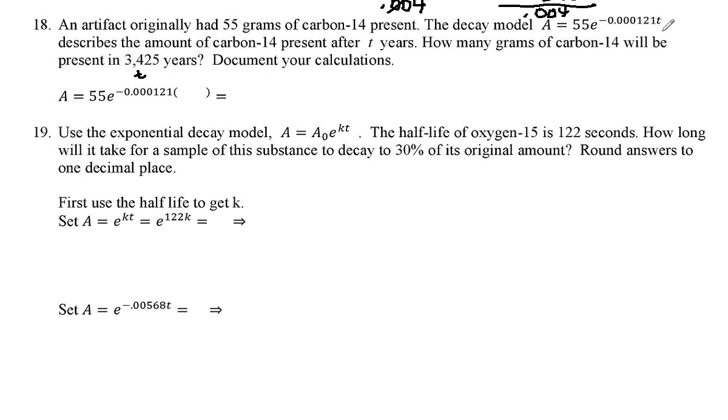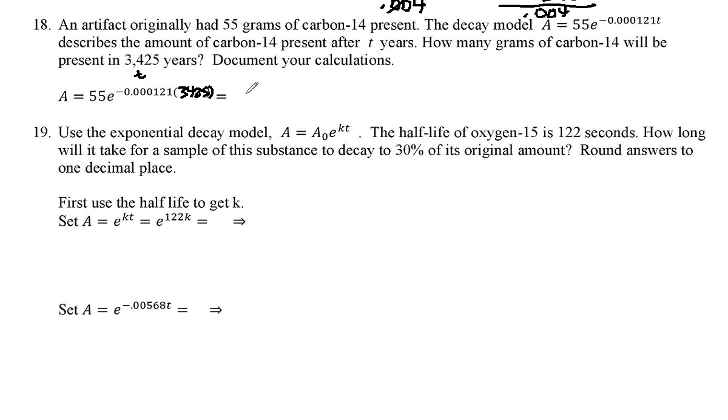So that's just saying this is a t value, and they're just wanting you to plug that in here. So I brought that formula down, 55 e to the negative 0.000121, and then our t is 3425. And so we multiply that, and then do e to that power, and then times 55. Or if you're using a graphing calculator or MyScript, you can just type it in just like that.